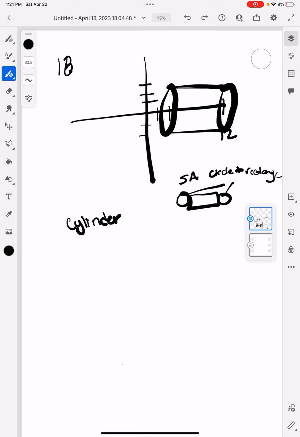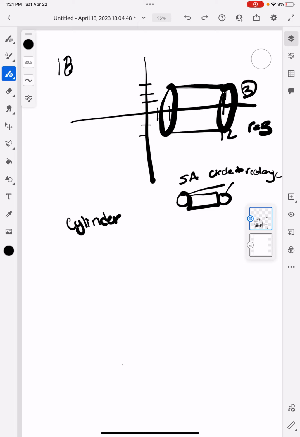If I look at these circles, the distance from the x-axis right here to the top part of the cylinder is the radius. So if I look at the radius here, it goes up 3, so this is 3. In number 3, it specifically says to draw the line to the x-axis, and that's to get you to realize that the radius of the circle is how far that line segment is from the x-axis.